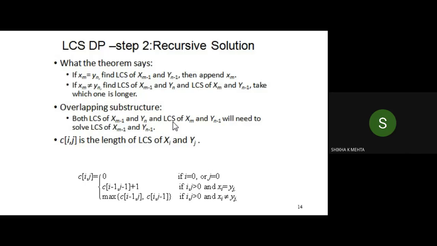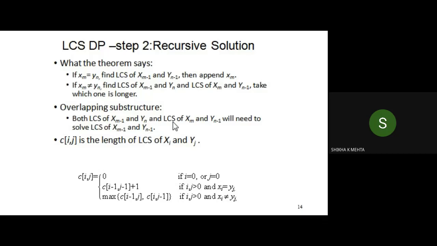If a particular character in x and the particular character in y are the same, then we take the value of the diagonal, that is i minus 1, j minus 1. i minus 1 leads to the previous row and j minus 1 leads to the previous column, so it becomes the diagonal cell. Whatever value is in the diagonal cell, we add 1 to that, and we fill that Cij value.